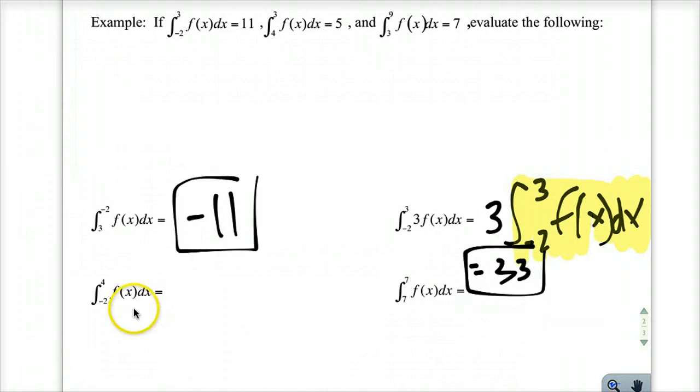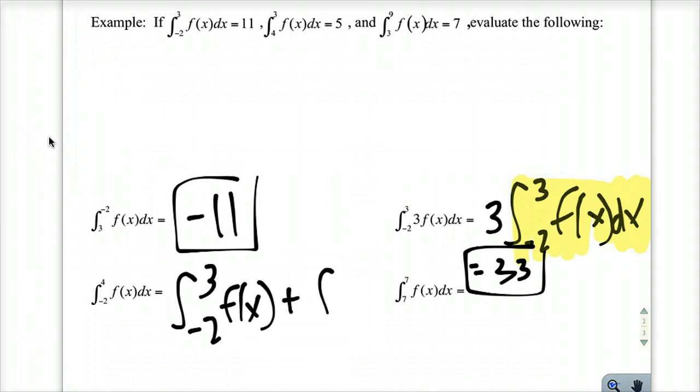This next one is -2 to 4, and I don't have -2 to 4. But you may notice I have -2 to 3, and I have 4 to 3. So this means the exact same thing as -2 to 3 plus 3 to 4.